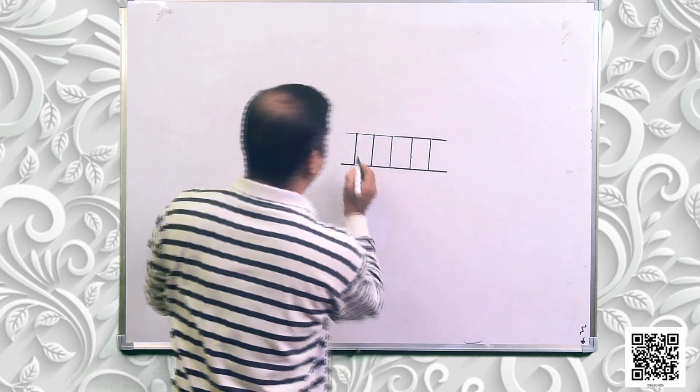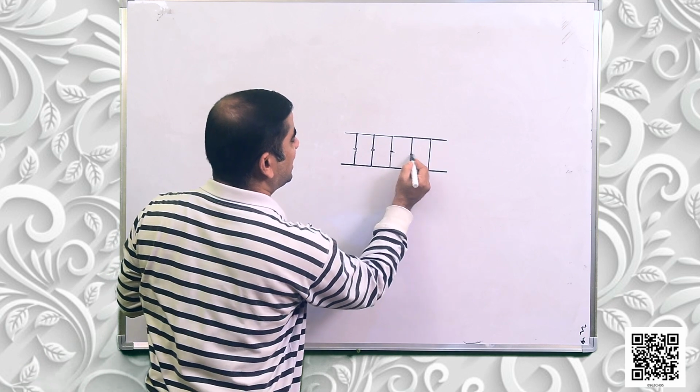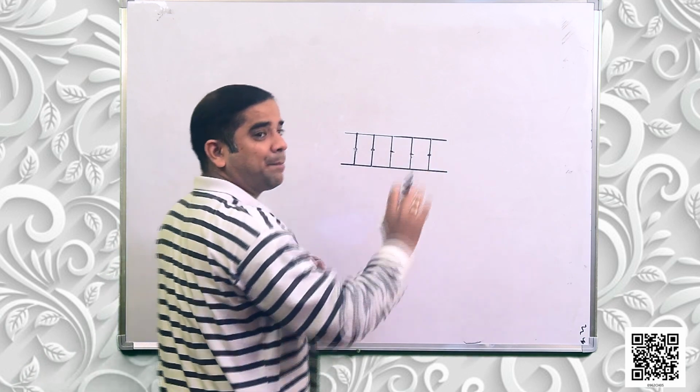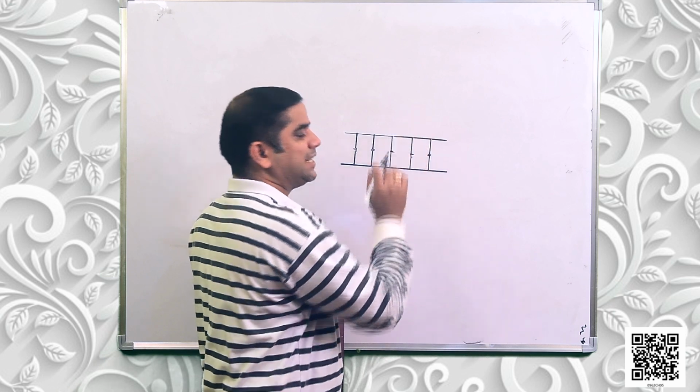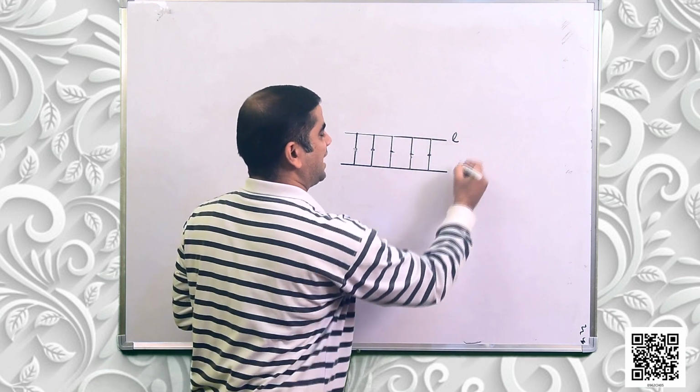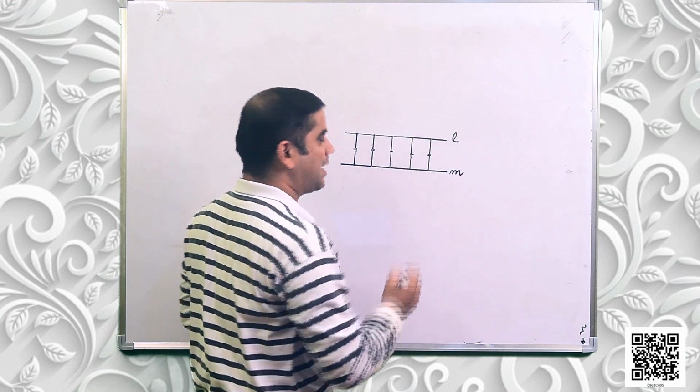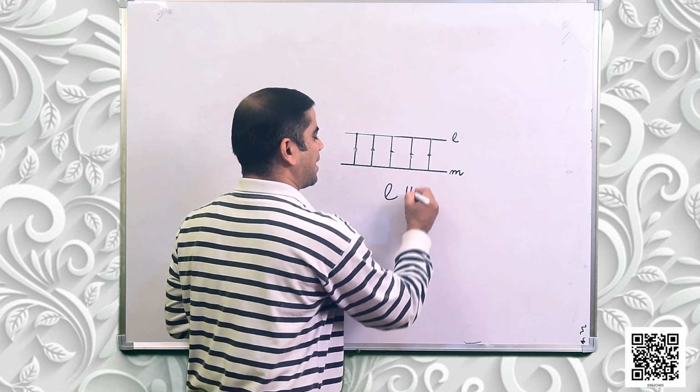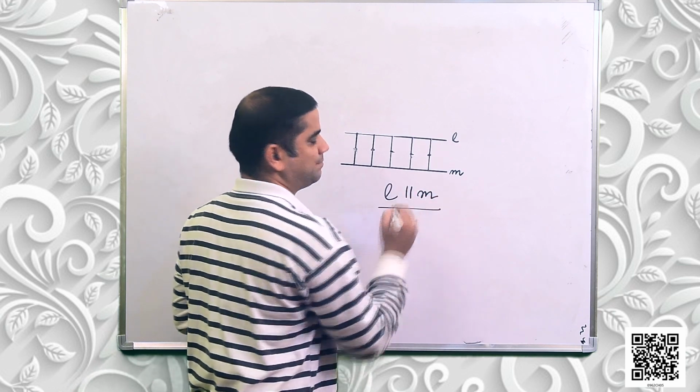So, all these lengths are equal to each other. So, they are maintaining a perpendicular distance between themselves. Suppose this is line L and this is M, I can say that L is parallel to M.